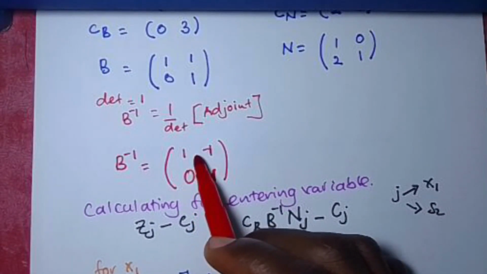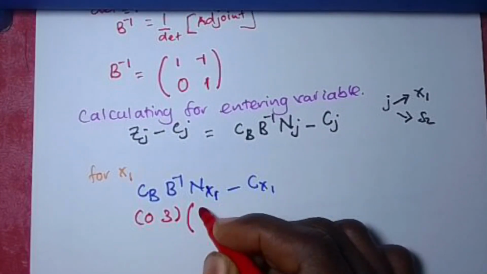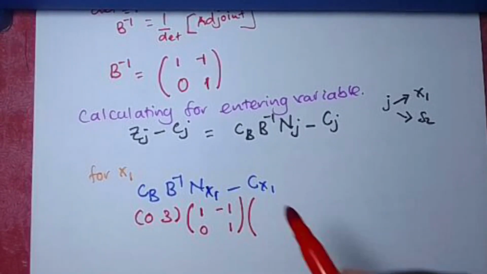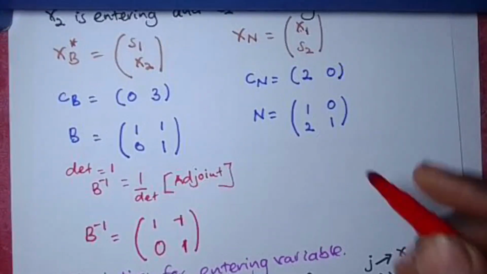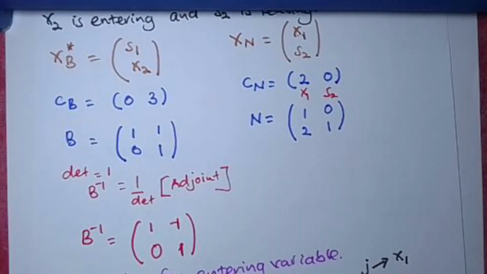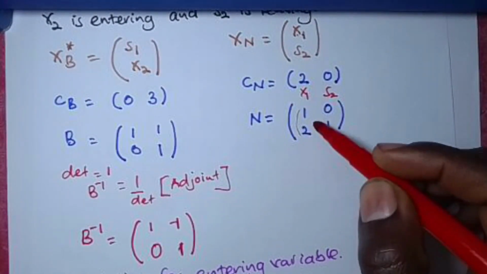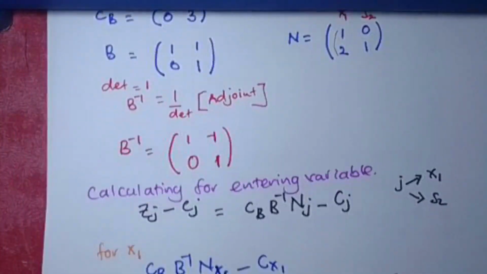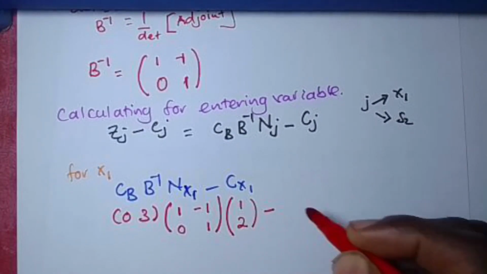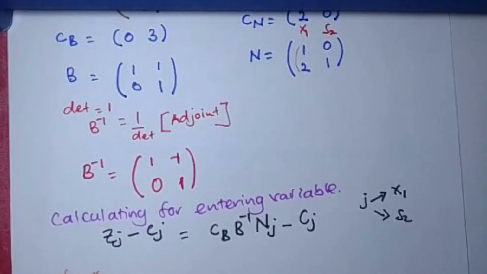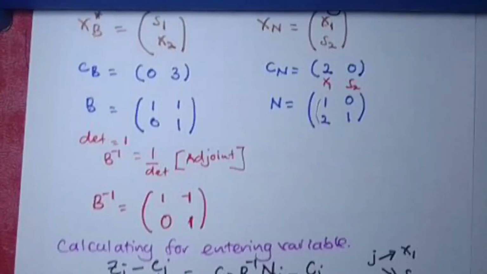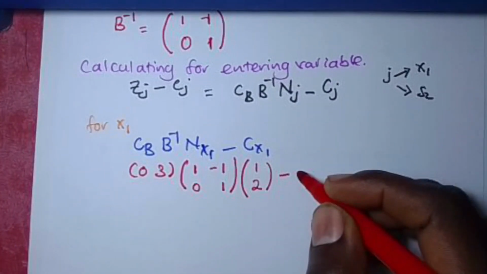It is this set here, which is 1, negative 1, 0, 1. Now for N x1, these values here represent x1 and these represent S2. So our N x1 is this set here, which is 1, 2, minus C x1. The coefficient of x1, going back again, is 2. So it will be minus 2.